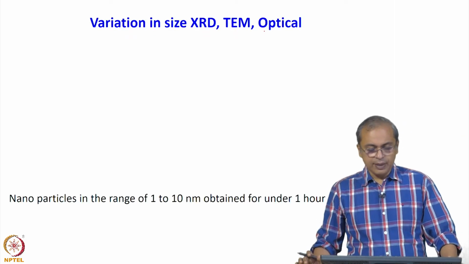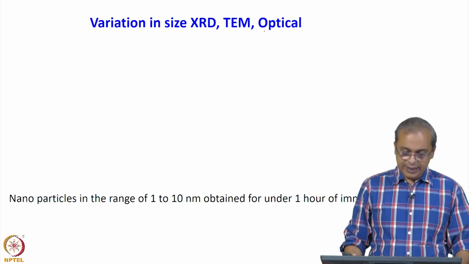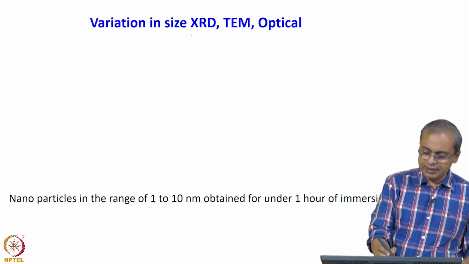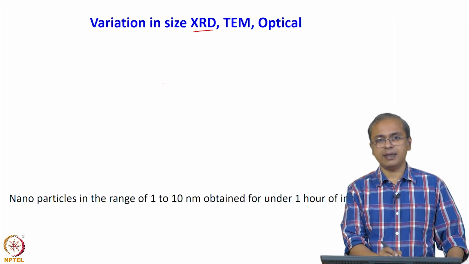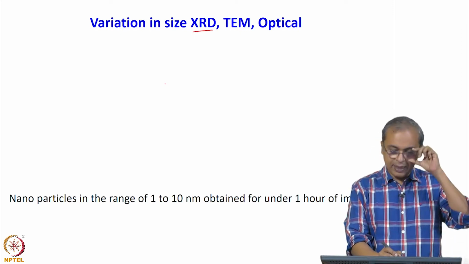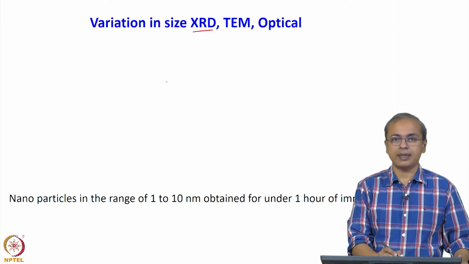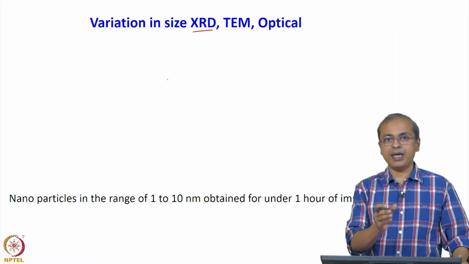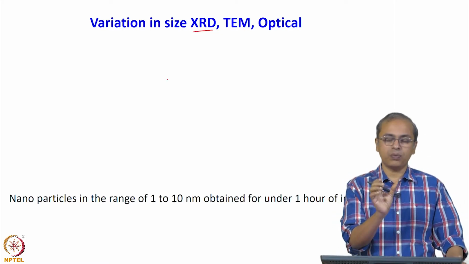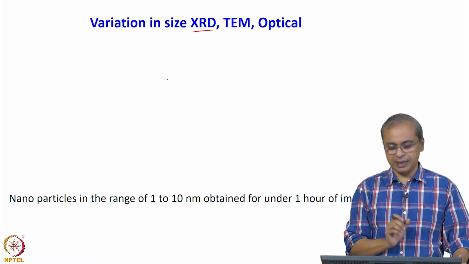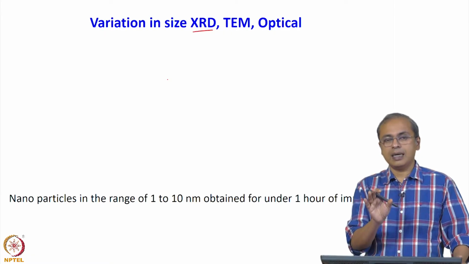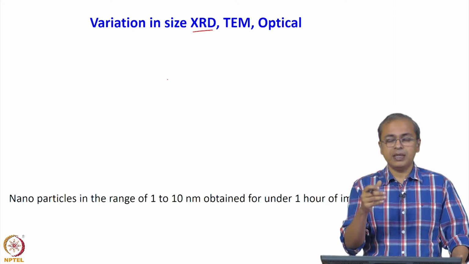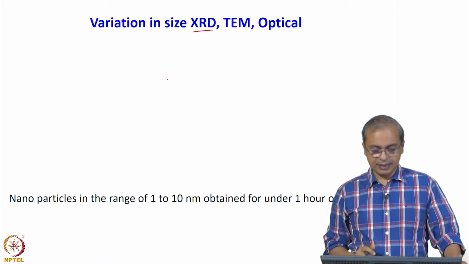Okay. So, now it is interesting to see that you can actually obtain size using XRD. We spoke about the broadening of the X-ray diffraction peak and how that is used as a way of gauging the fact that you have now got nanocrystalline particles, and that you can use the full width at half maximum to get yourself the crystallite size.